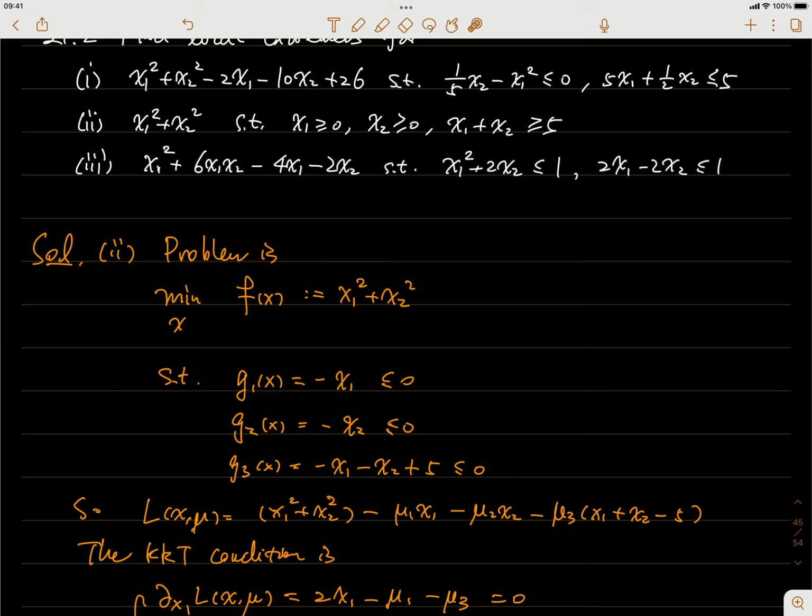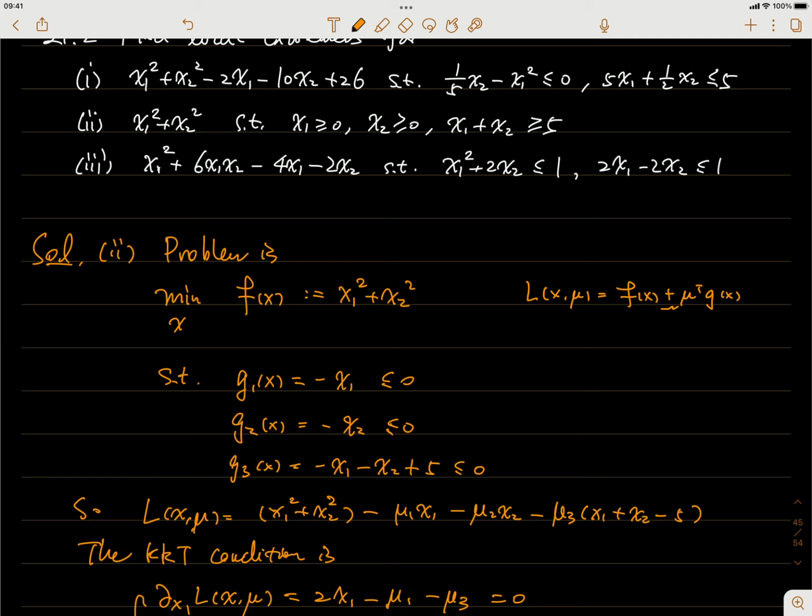Because if this is the case, then if we only have inequality constraints, we only have the KKT multiplier mu, and the Lagrange function can be written as f of x plus mu transpose g of x. So you have a plus here, if g of x is less than or equal to 0 and mu is greater than or equal to 0.